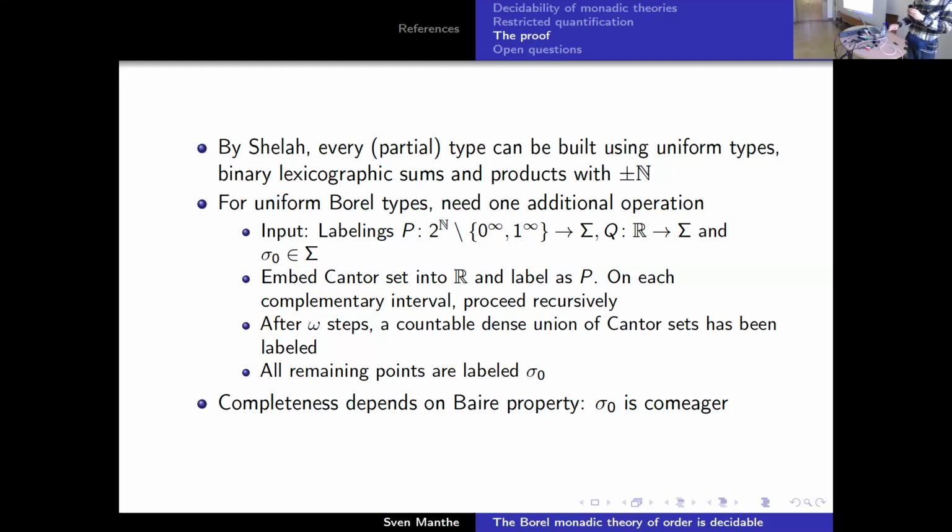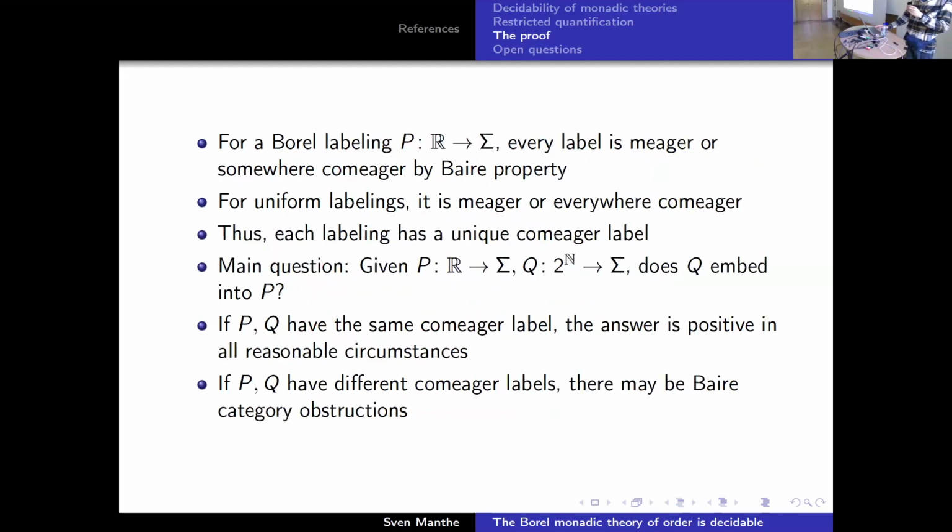And the completeness really depends on the Baire property, because we will have a comeager label here, and expecting something like this to hold will only work assuming the Baire property. Namely, let me mention why we will have this always with Borel sets. If we have a Borel labeling, every label is meager or somewhere comeager by the Baire property, as I mentioned.